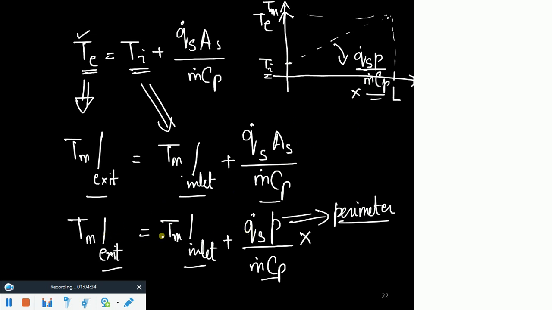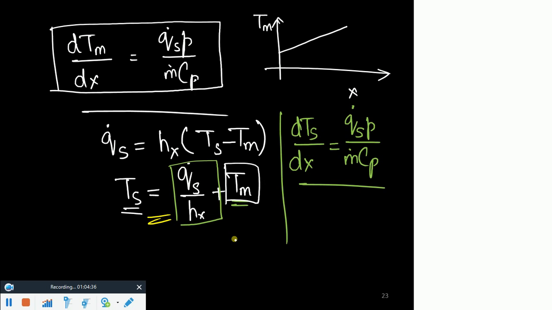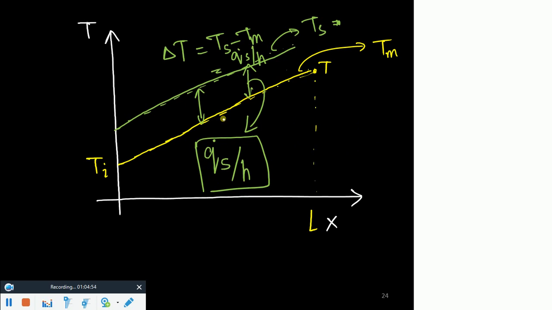Isn't it? Do you see this thing? You agree? Now the point is, what is this value? It means whatever the plot you have for Tm, it would simply be having an offset in Ts. And what is the value of that offset? Now, by just looking at this thing, can I plot like this?